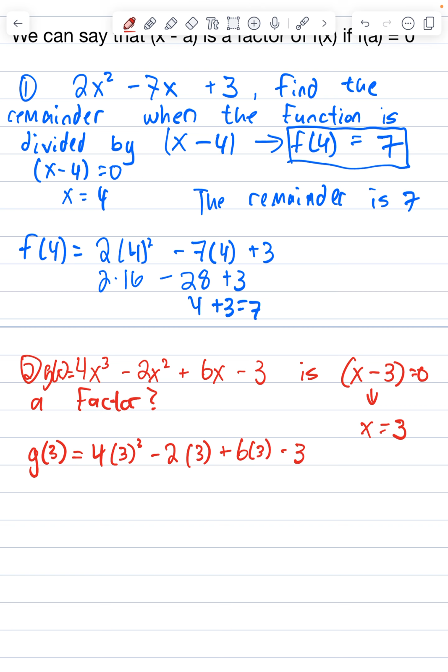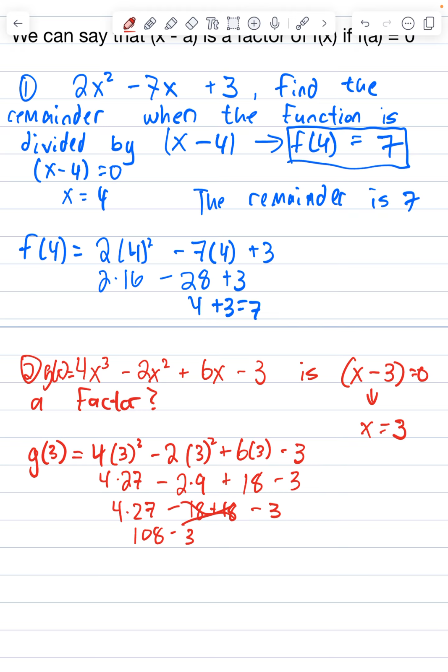Three cubed is 27, so 4 times 27, minus 2 times 3 squared, and 3 squared is 9, so 2 times 9, plus 6 times 3 is 18, minus 3. So we have 4 times 27 minus 18 plus 18 minus 3. The plus 18 and minus 18 cancel out, so I get 4 times 27, which is 108, minus 3.